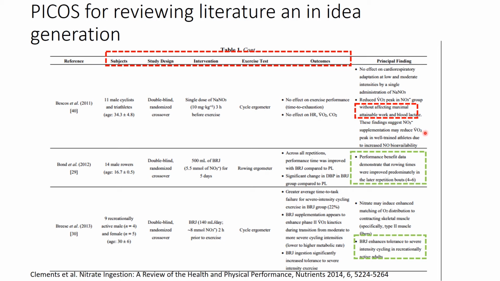So they're comparing these results against this result, and then they might go on to say, potential reasons for this discrepancy between results may lie within the intervention, where the 2 positive studies used a beetroot juice supplementation, whereas the null study used sodium nitrate. And then they might go on to explain why that might be important.